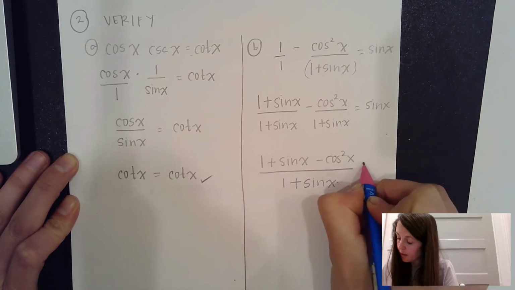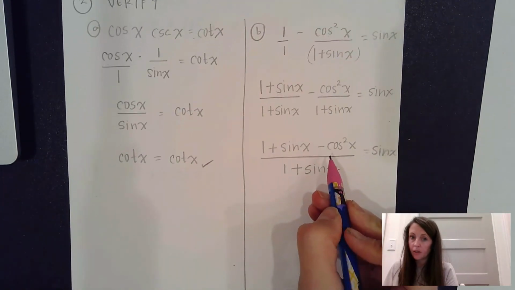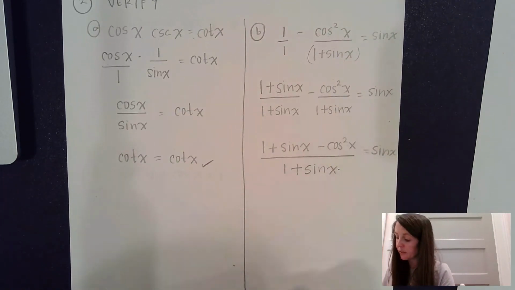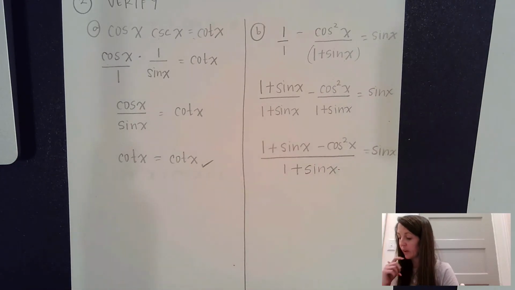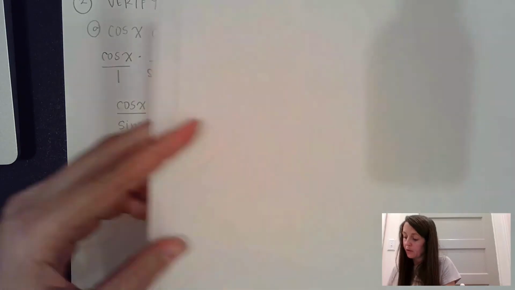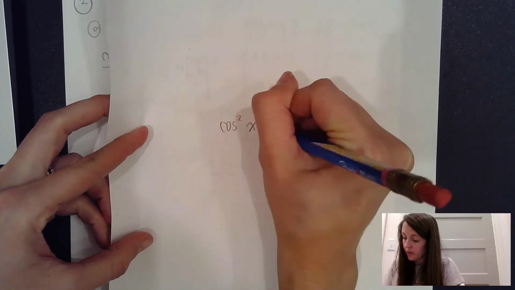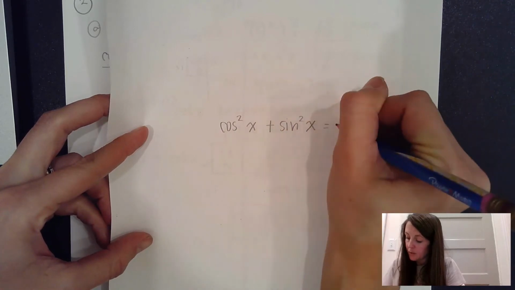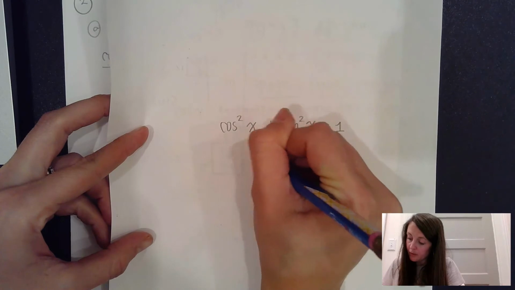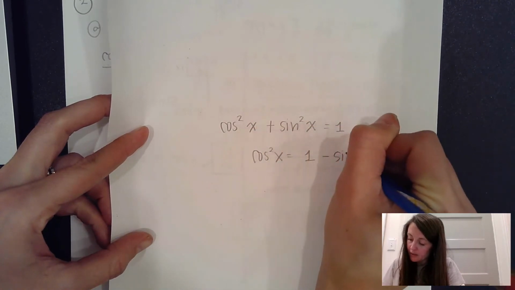All right, well, I could turn this cosine squared of x into something else. Remember, we've got cosine squared plus sine squared is equal to 1. So cosine squared is going to be equal to 1 minus sine squared.